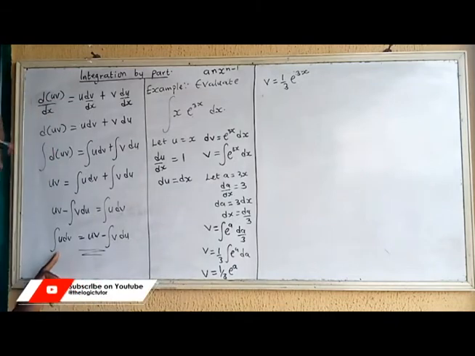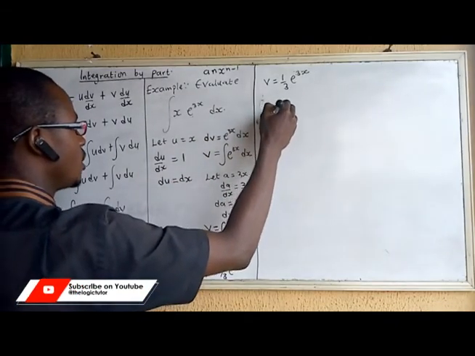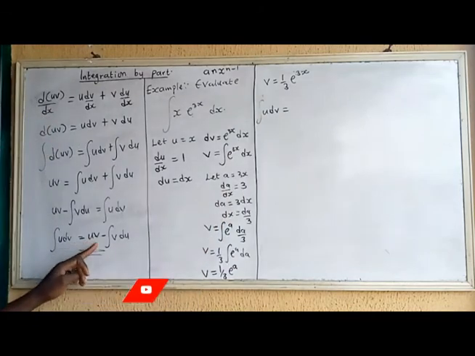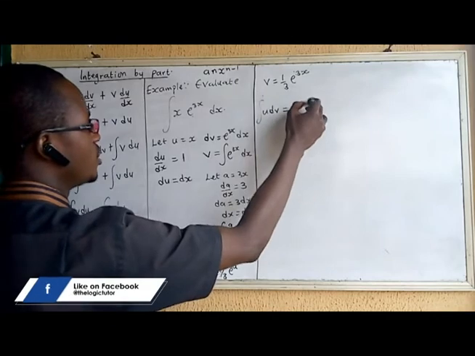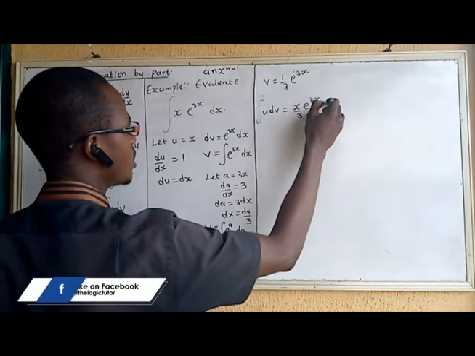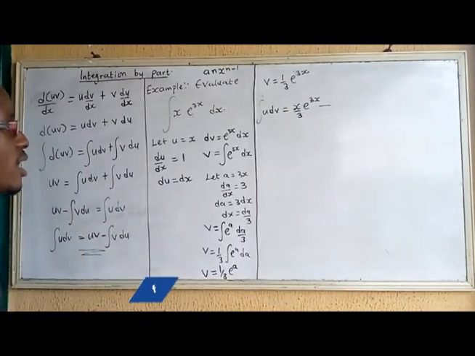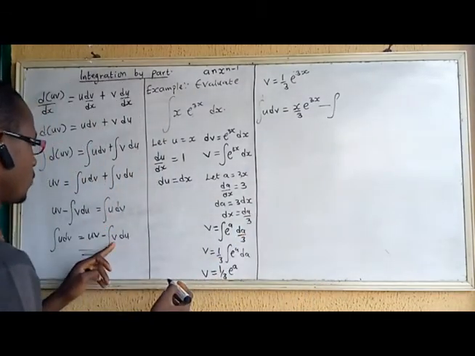Let's go back to the technique that says the integral of u dv is equal to uv minus the integral of v du. Where is our u? Our u is equal to x, times v, which is 1 over 3 e raised to power 3x, minus the integral of v du. Where is v?